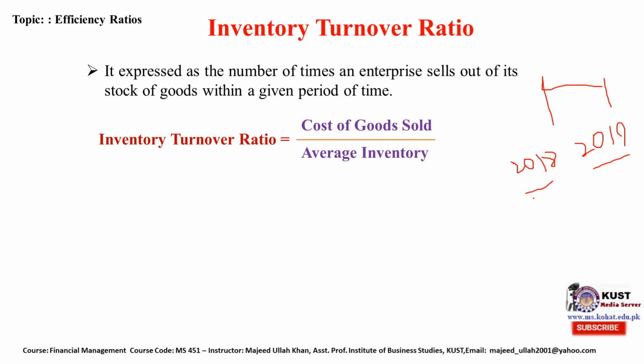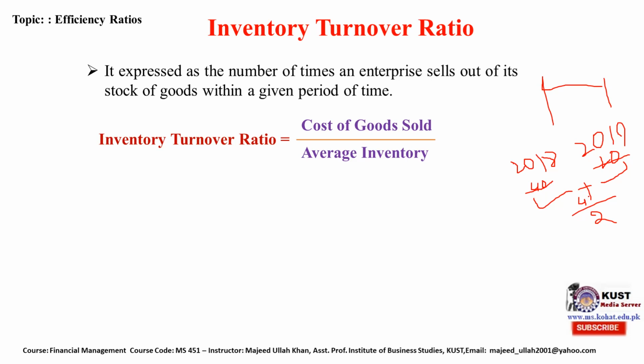Average inventory means adding the inventory figures of the two years and dividing by 2. Let's suppose here is 40 million and here is 20 million of inventory with the company. So what will be the average inventory?